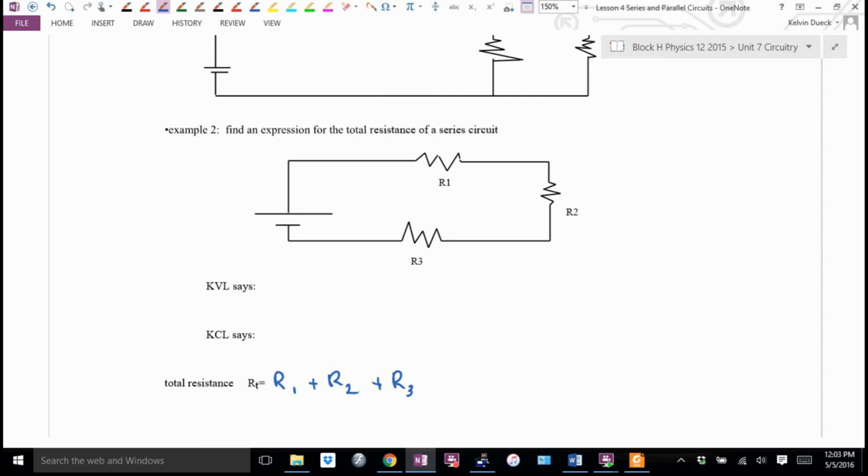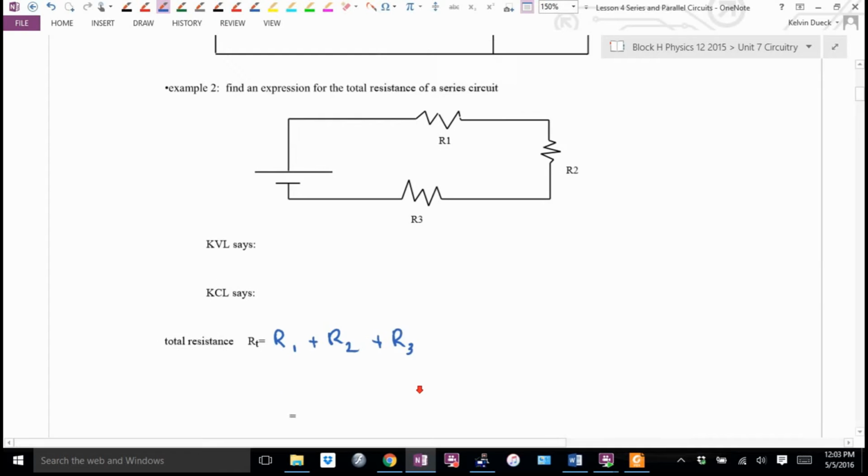Why do we need that? What we're going to start to look at are circuits that are so difficult that we can't solve them as is. What we need to do is rewrite them as their simplest mathematical equivalent, solve that, and then morph everything over into the more complicated circuit.